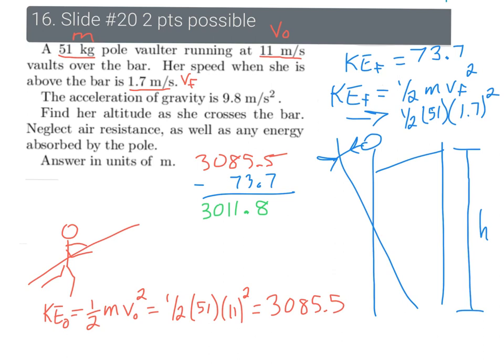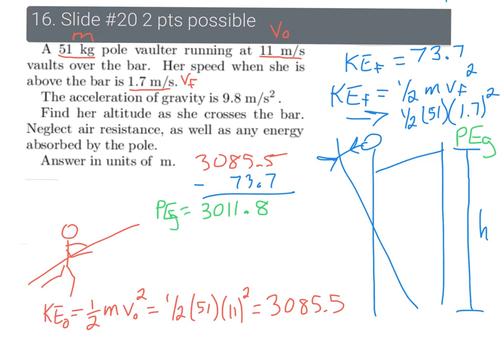Well, that energy went into the height. That went into the gravitational potential energy. So it went into PEG. So I know how much gravitational potential energy we have.